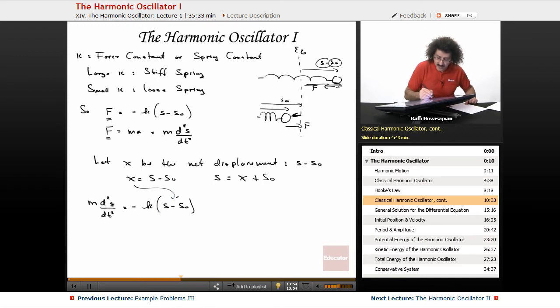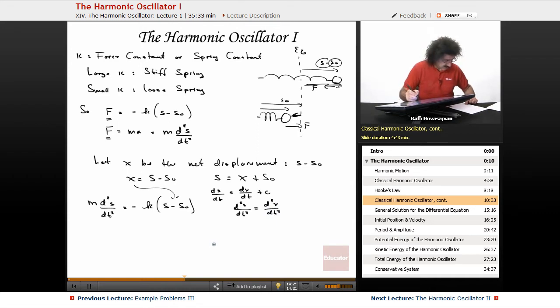And for d squared s over dt squared, I'm going to take the derivative of this. So ds/dt equals dx/dt. This is a constant. It's just the equilibrium position, so the derivative is just 0. And then, of course, if I differentiate twice, it's just going to be d squared s over dt squared equals d squared x over dt squared.